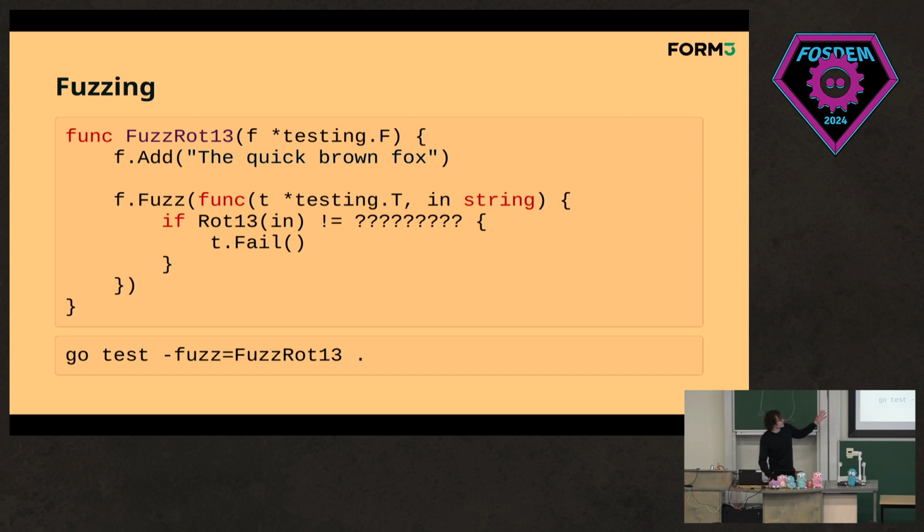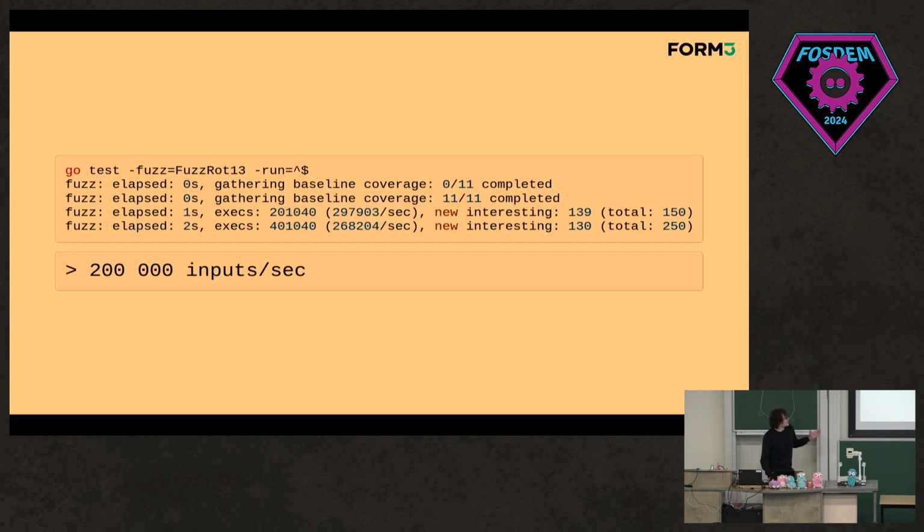I intentionally left the assertion blank because how do you assert anything if you don't know the input, right? If you run the fuzz test, you'll see that it tries hundreds of thousands of inputs per second in this instance, and it runs indefinitely. So you can run it as long as you want.